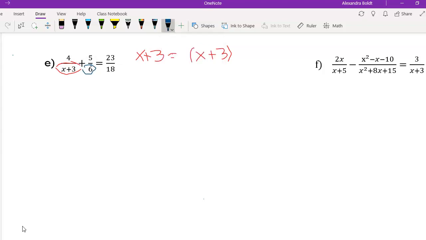Then we have our 6. Sorry, I'm going to use this stylus. 2 times 3. So we'll put the 3 over here because it doesn't line up with anything.